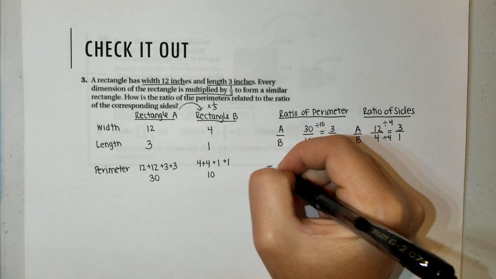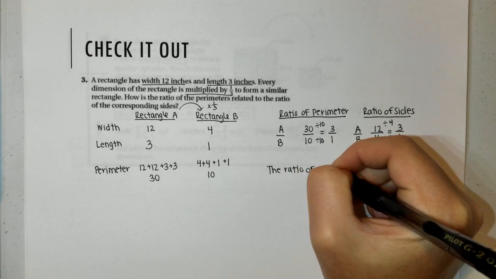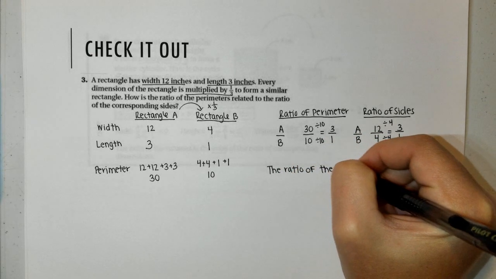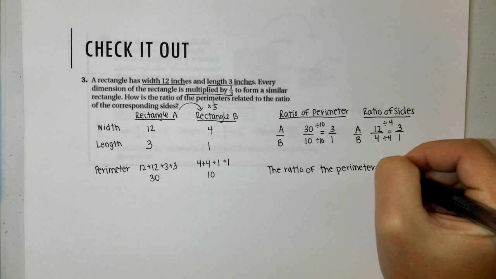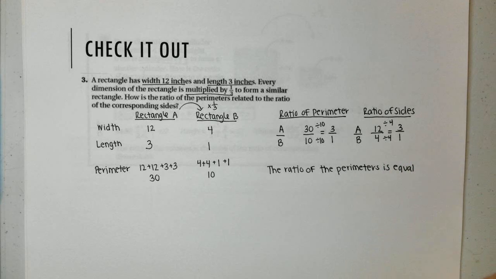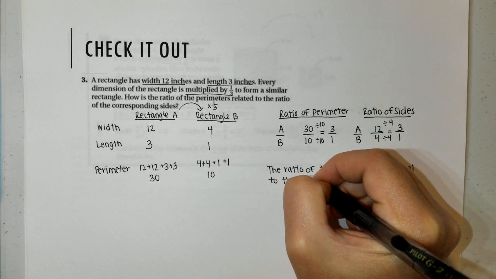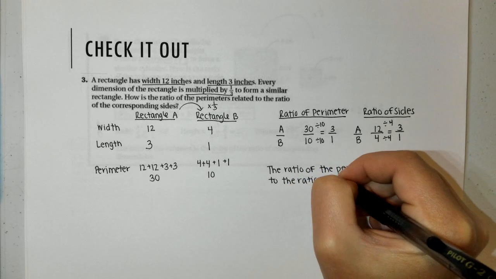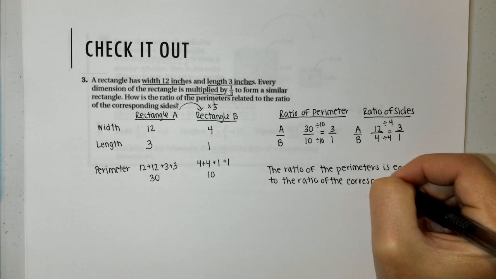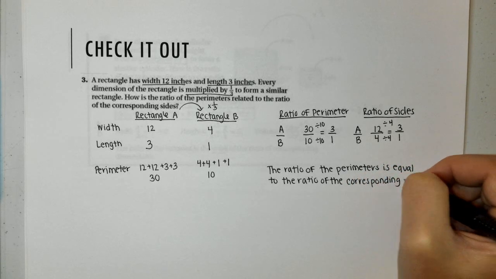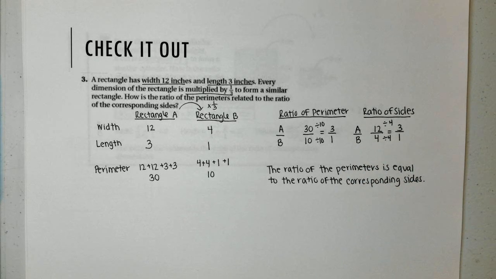So our answer is the ratio of the perimeters is equal to the ratio of the corresponding sides. They both equal 3 over 1, so they are equivalent.